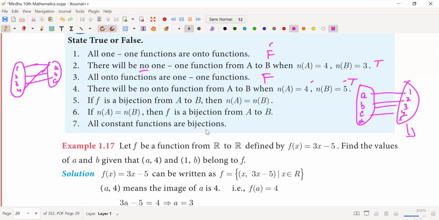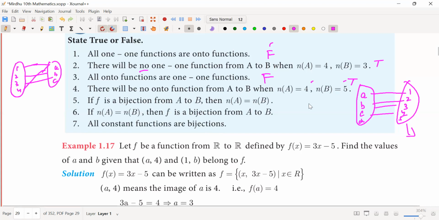What is a bijection? A one-to-one and onto function is known as a bijection. Good. n of A equal to n of B.